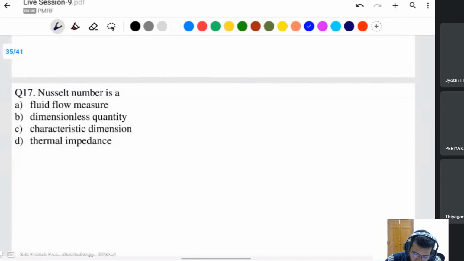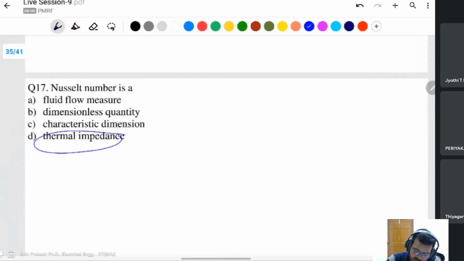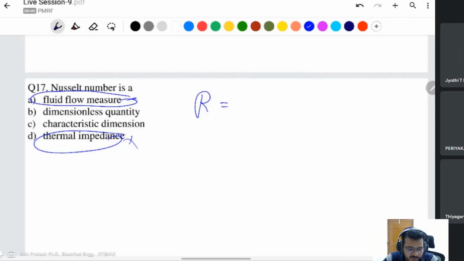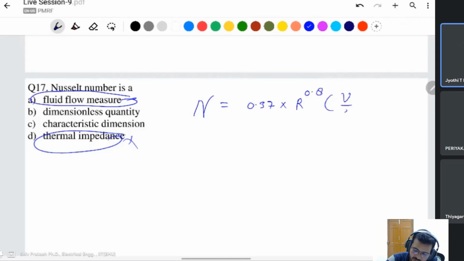The Nusselt number is a fluid flow measure, a dimensionless quantity, with a characteristic dimension. Thermal impedance? No, thermal resistance is not there. Fluid flow measure, or the formula is this one, the Nusselt number. Take the formula: 37 into Reynolds number to the power 0.8. The dimensions are the same and will cancel out.